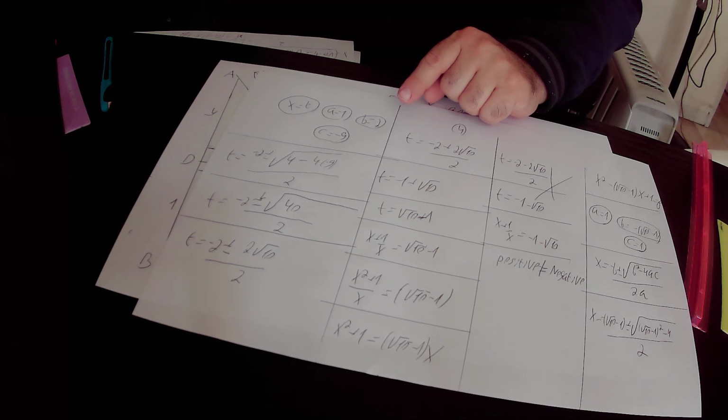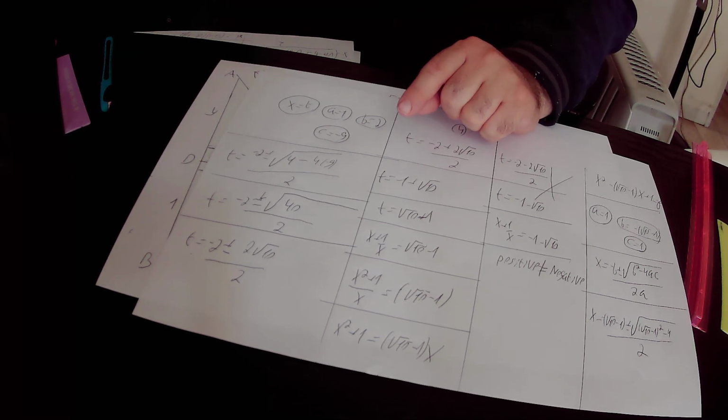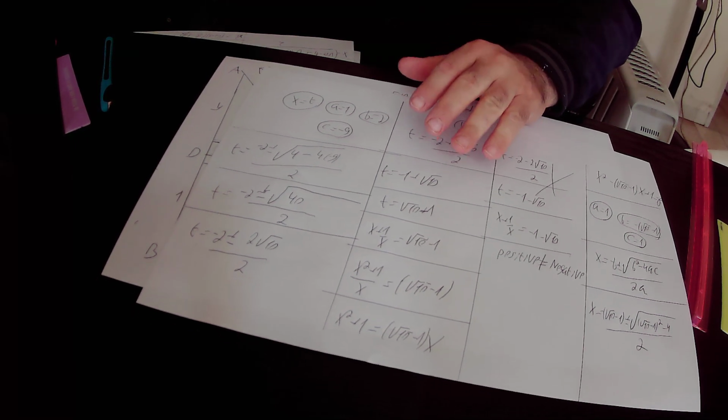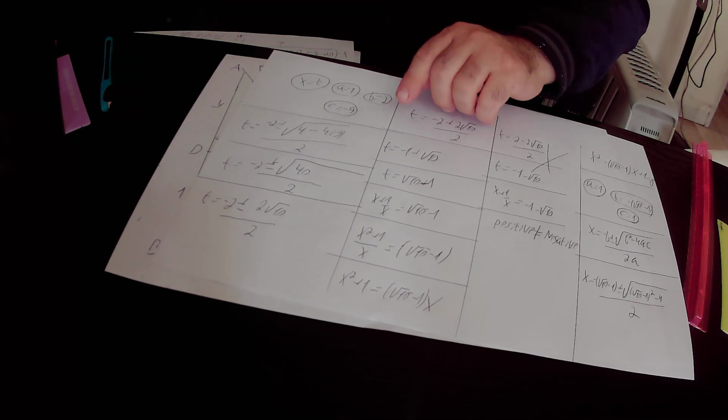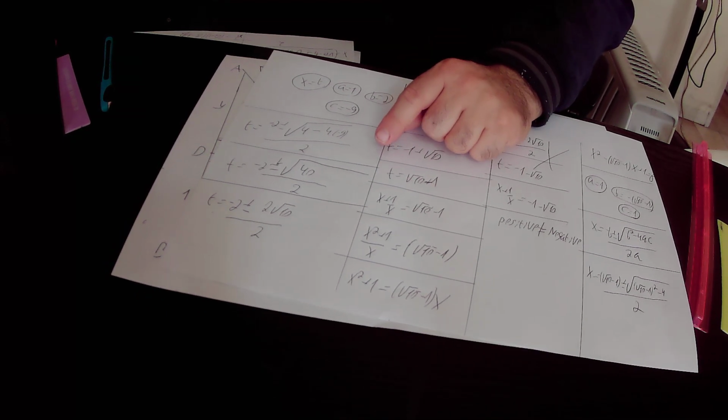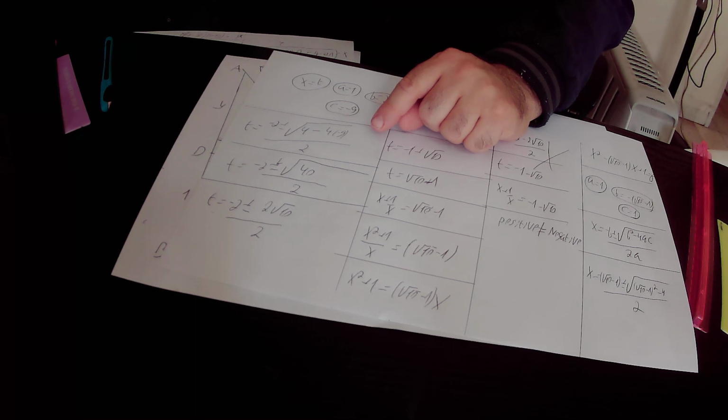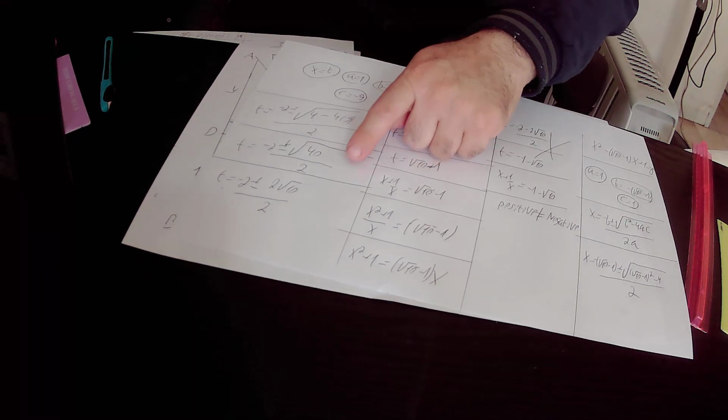B is 2, so b squared is 2 squared, which is 4, minus 4 times a times c, it is actually minus 4 times minus 9, over 2, because 2a is 2 times 1, that is 2. So we got that t equals minus 2 plus minus the square root of 4 plus 36, which is 40, over 2.